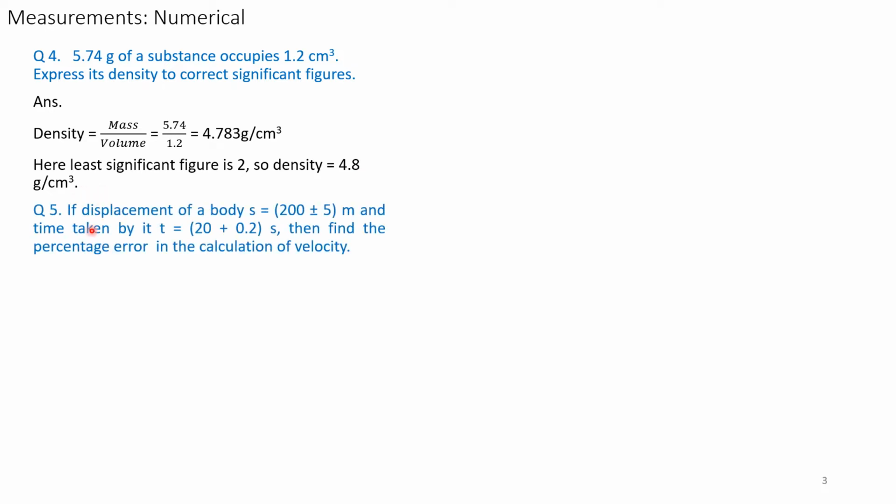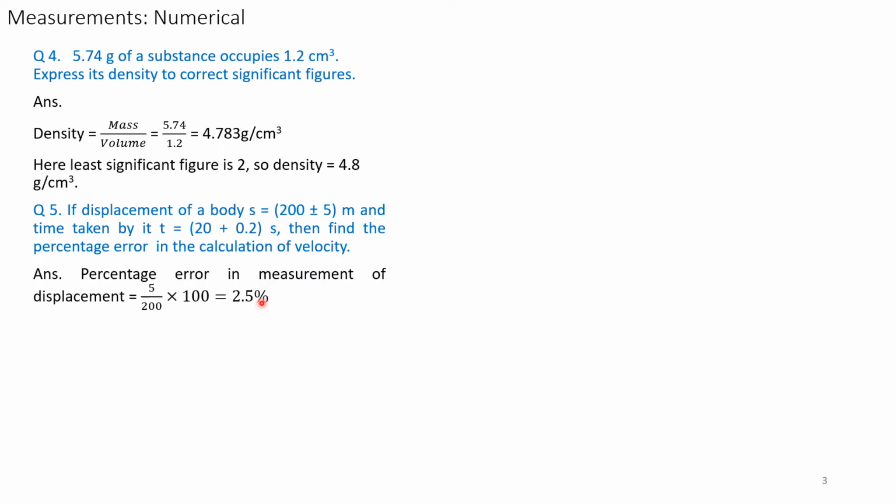Question number 5. If displacement of a body S is equal to 200 plus or minus 5 meters and time taken by it t is equal to 20 plus or minus 0.2 seconds, then find the percentage error in calculation of the velocity. Answer.